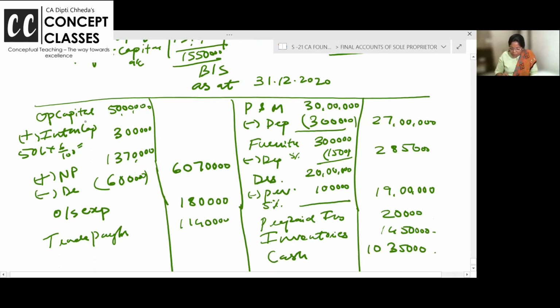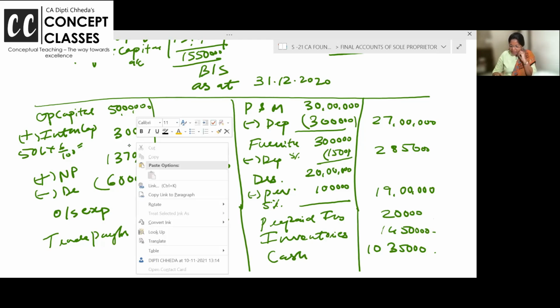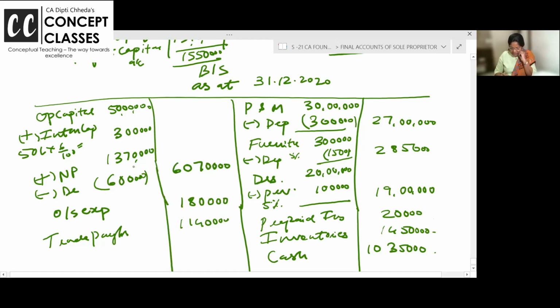Opening capital. See, dear students, 1 minute, रुक जाओ. This is not a whiteboard where I will write on the right side and you are copying the left side. So you listen to what I am saying and write with me. Opening capital 50 lakhs likha. Interest on capital 3 lakh we have added. Net profit we have added.